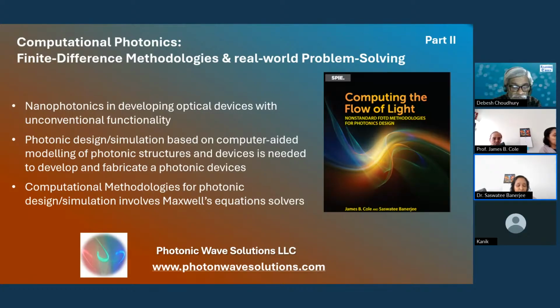Now here, when you are talking about photonic design simulation, I am more talking about the visible domain. I worked in the visible domain and near IR basically. In those domains, you do need this modeling, basically computer-aided modeling, because the structures become really small.